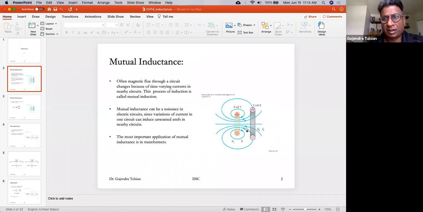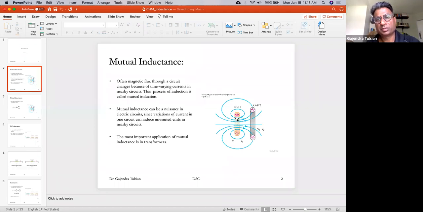And you don't want that kind of stuff happening, and you have to prevent against that. So mutual inductance can be a nuisance in electric circuits, since variation of current in one circuit can induce unwanted EMFs in nearby circuits.